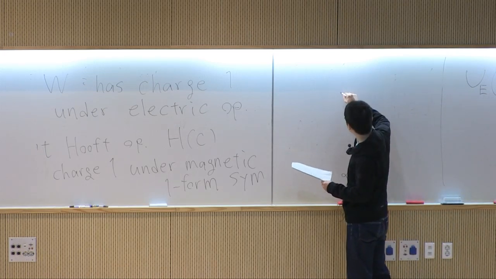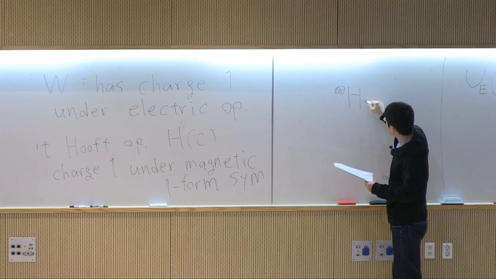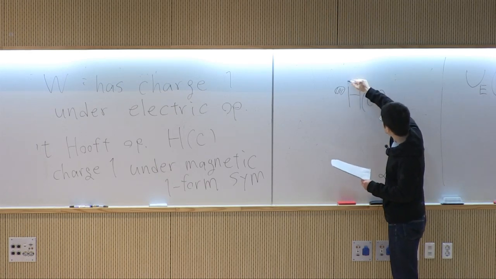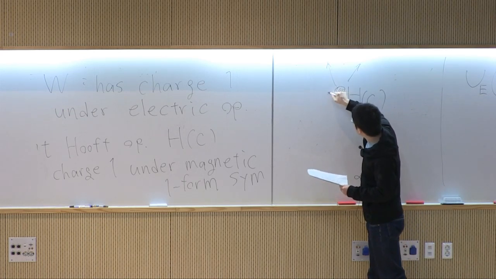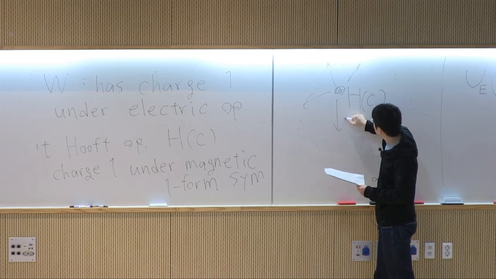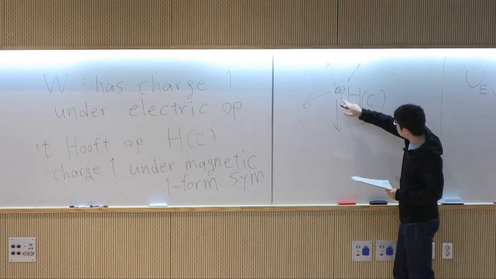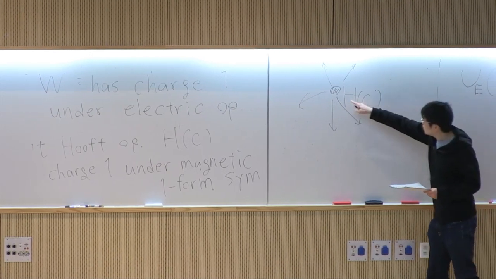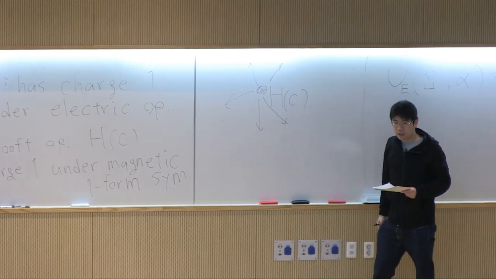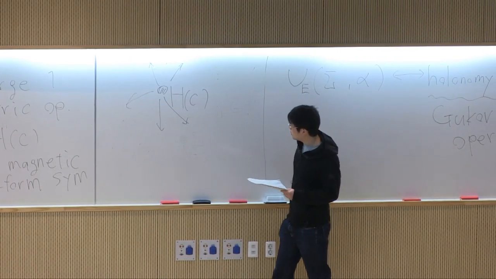Suppose that there is a 't Hooft operator here. Then its definition is that there is magnetic flux from this 't Hooft operator. So the position of the 't Hooft operator is again a singularity of the gauge field configuration.